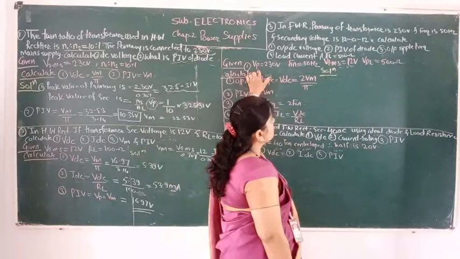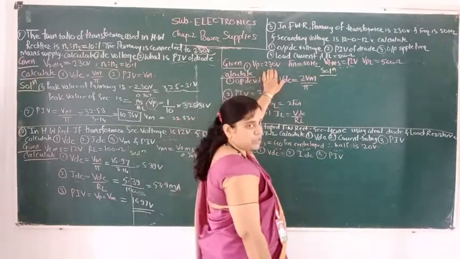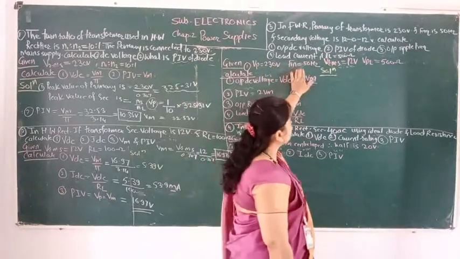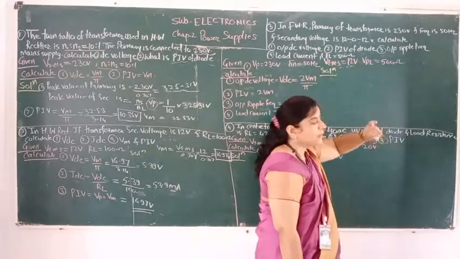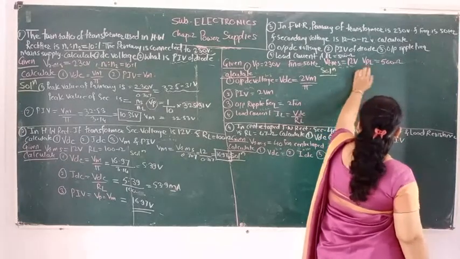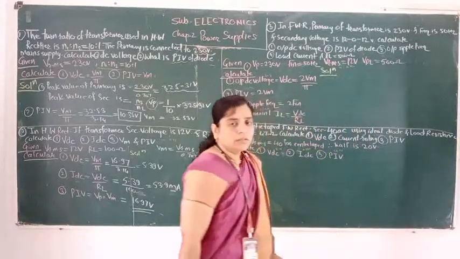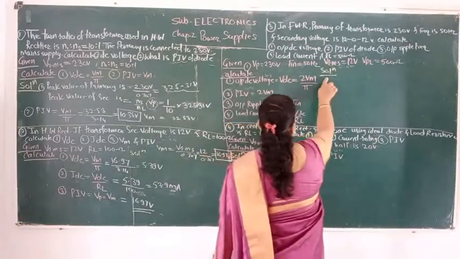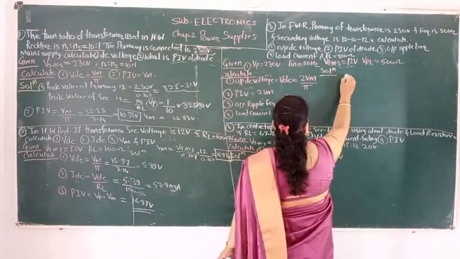So what is given here? Vp is given, the primary voltage, 230 volt. Input frequency is 50 hertz, VRMS is 12 volt, and RL is 500 ohm. Now see the solution. First we have to calculate the VM.